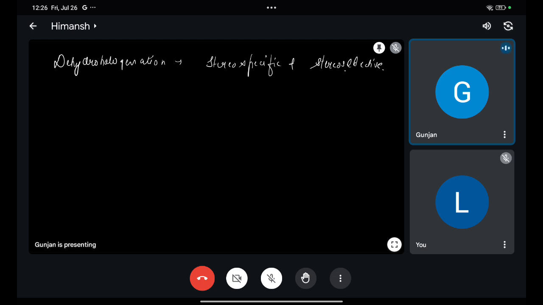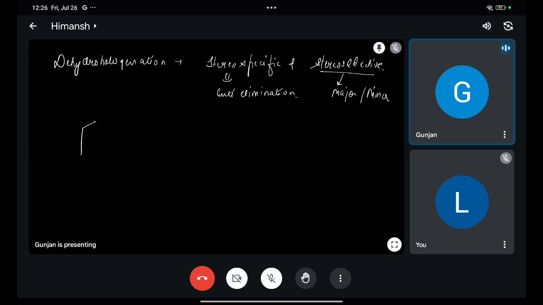Selective means that which one is major and which one is minor, and specific means anti-elimination is happening. So this is specific, that elimination happens only when they are anti to each other.